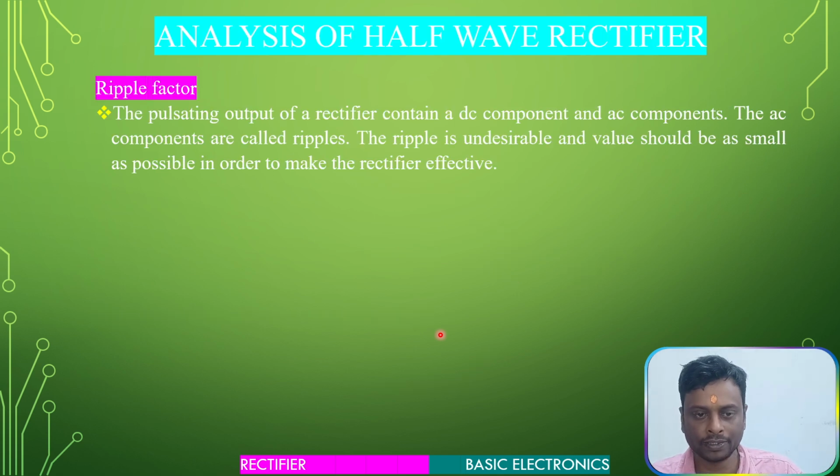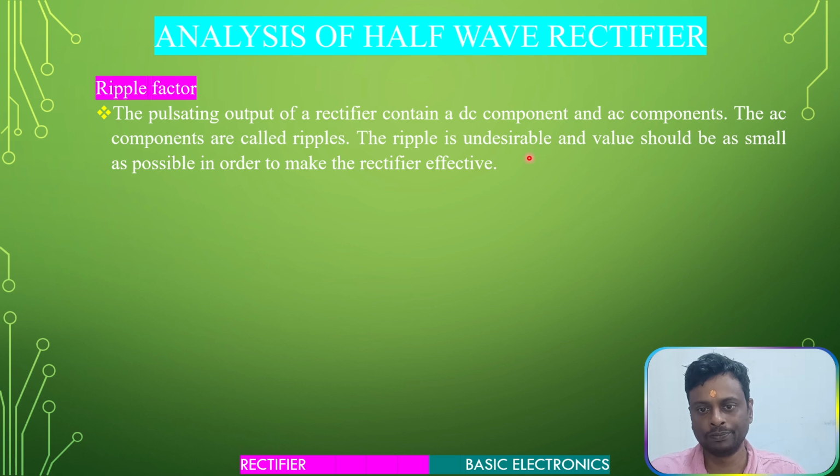Similarly, we have the ripple factor. What are ripples? Ripples mean the AC component present in the DC output. The pulsating output of a rectifier contains DC components as well as AC components, and the AC components are called the ripples. The ripples are undesirable and should be as small as possible to make the rectifier effective.